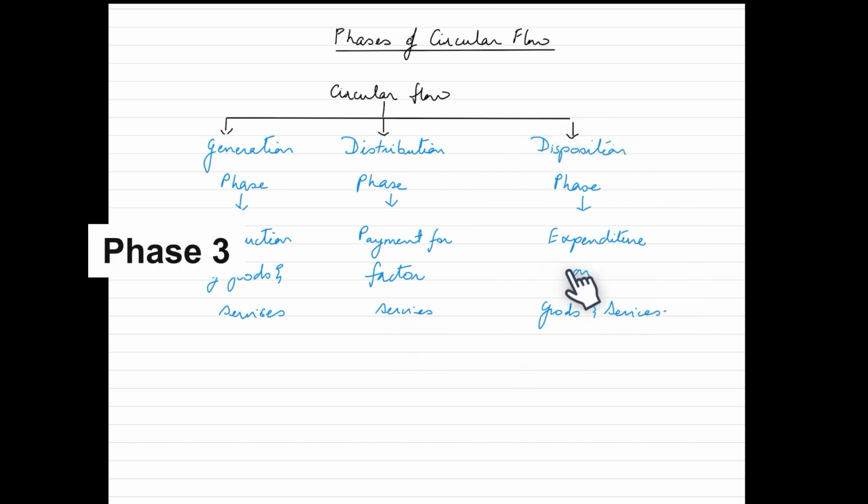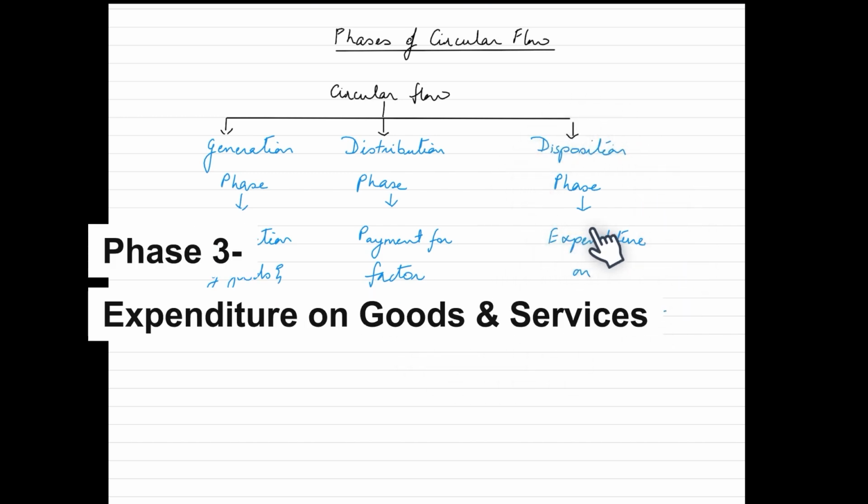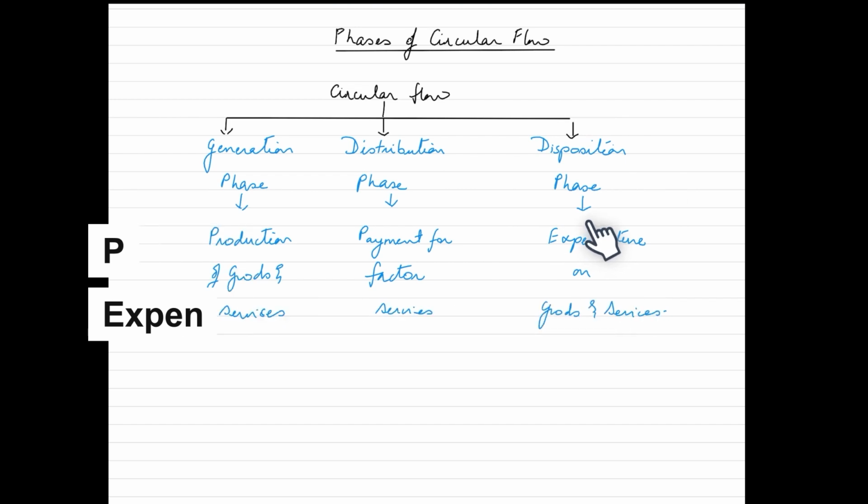The final stage is called the disposition phase. It's a phase where income received by the factors of production will in turn get spent on the goods and services that are produced by the firms. So, it deals with expenditure on goods and services.